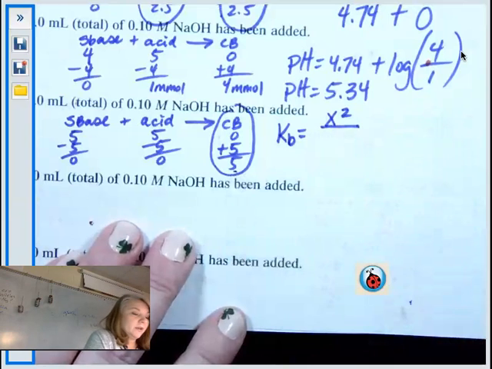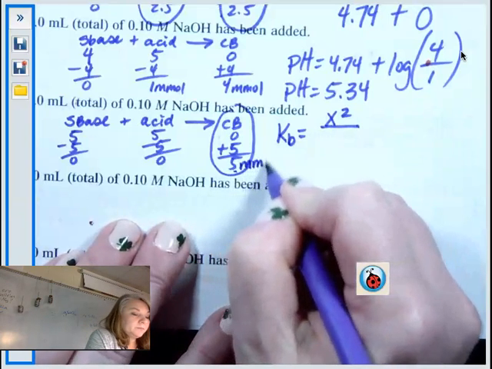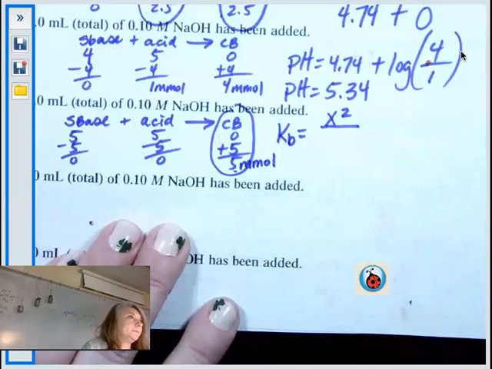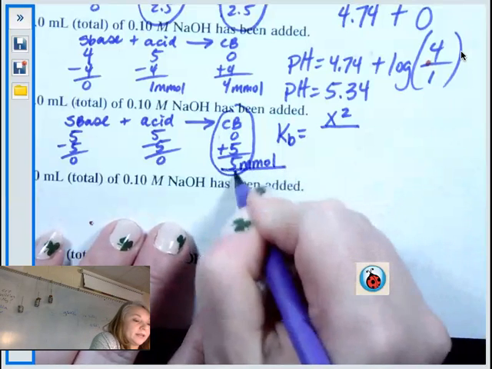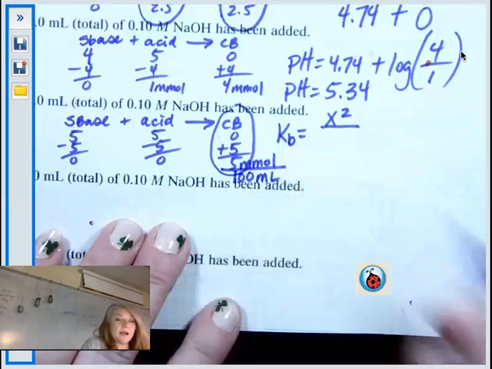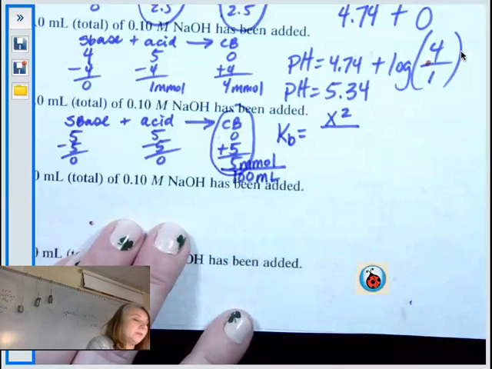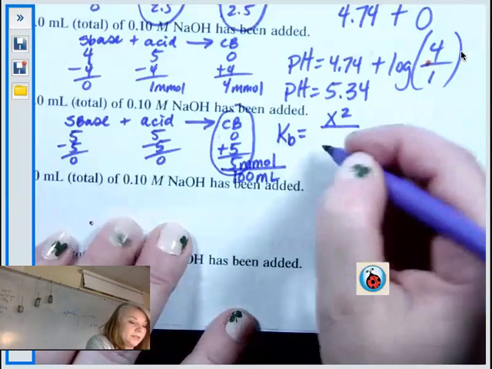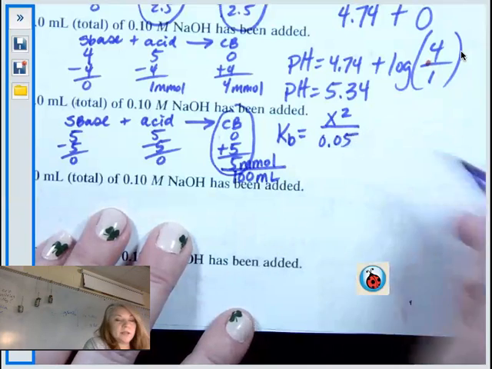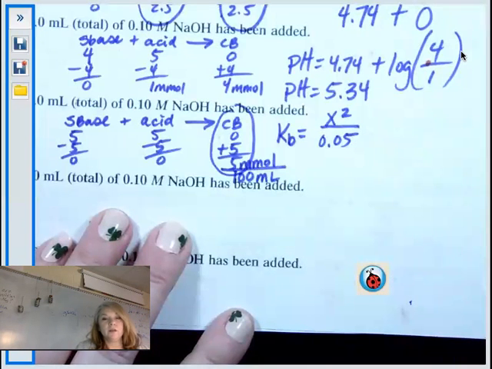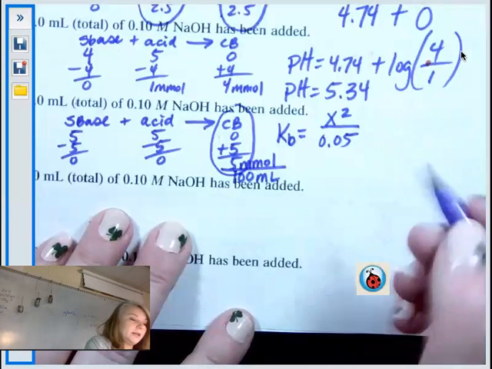We have 5 millimoles. What's our total volume? 100 is the total volume of everything in the flask. So 5 divided by 100 would be 0.05. That's our concentration of conjugate base, but we need a Kb.